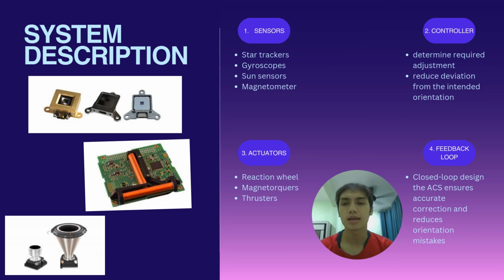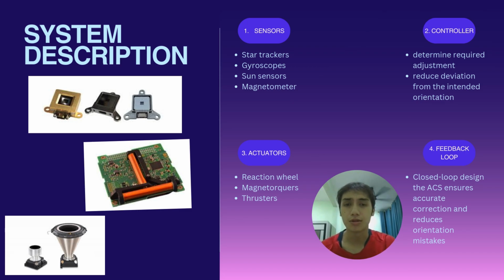There are many systems in the satellite altitude control system, such as sensors, and there are many sensors that we can see here, such as star trackers, gyroscope, sun sensors, and magnetometer.